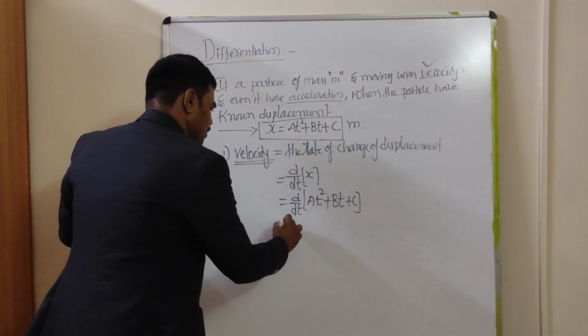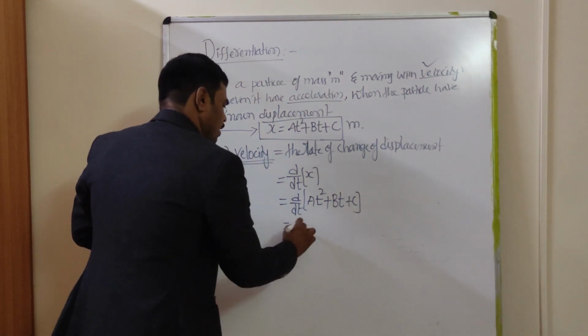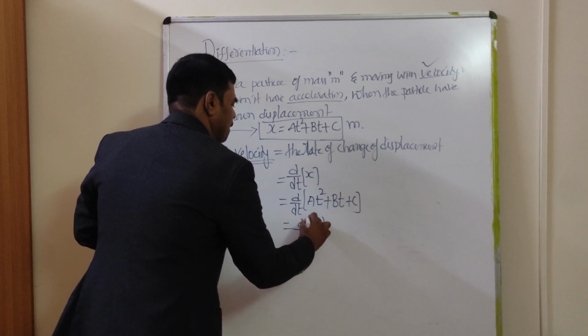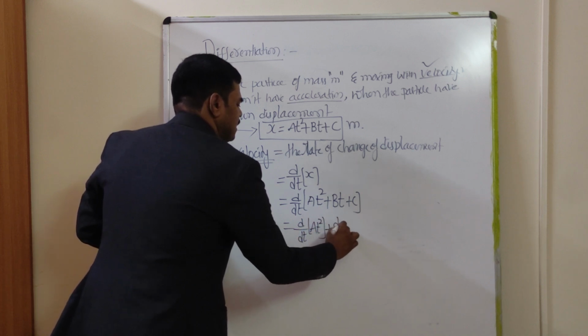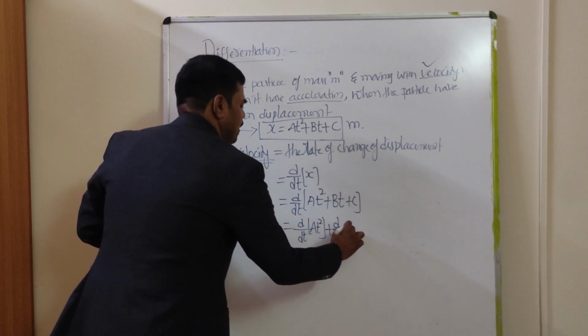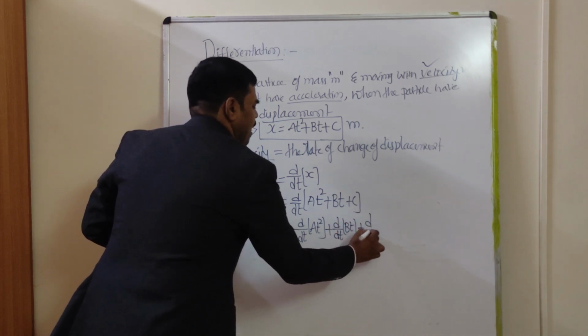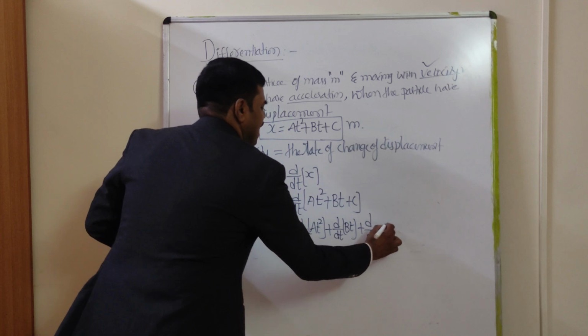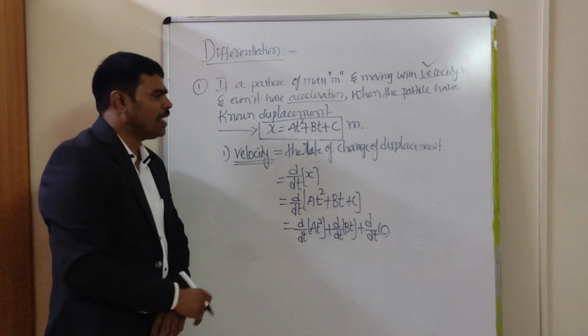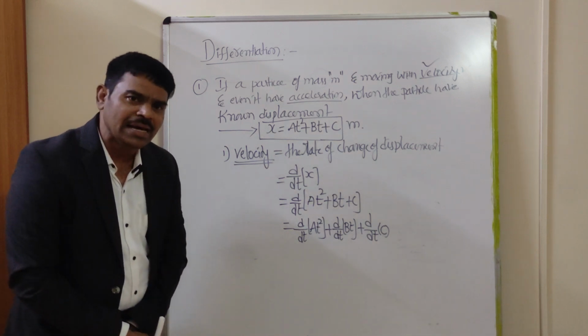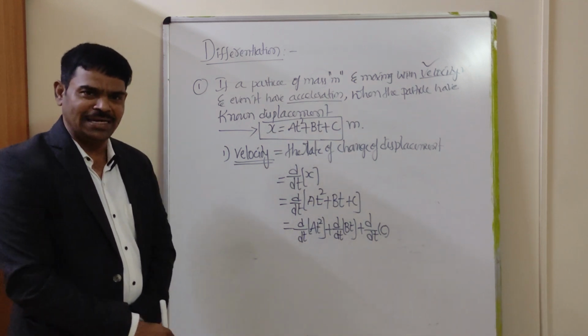Now you have to take it part-wise. d by dt of at square plus d by dt of bt plus d by dt of c alone, a constant. Here a, b, c are constants. t is the time taken and x is the displacement.